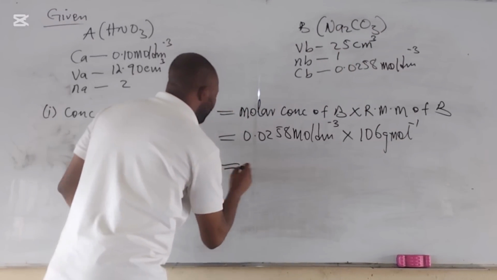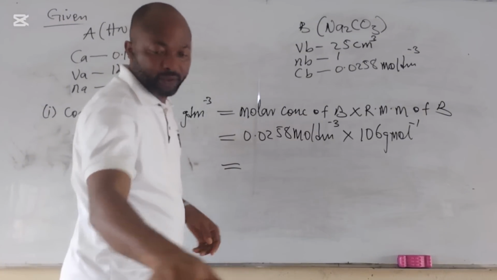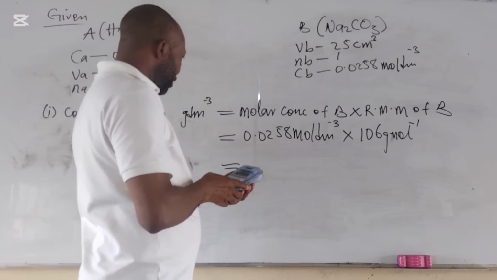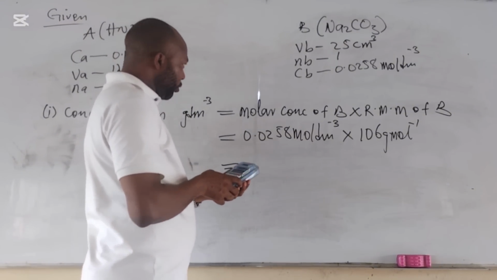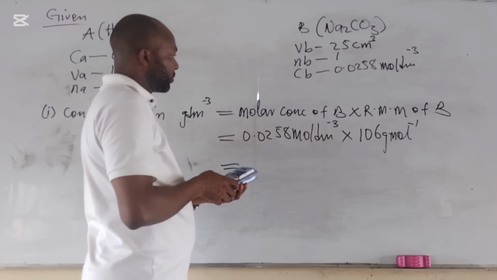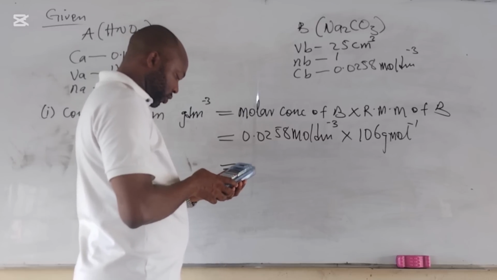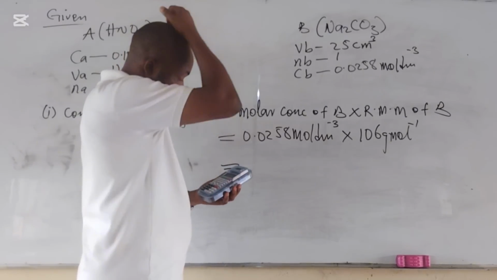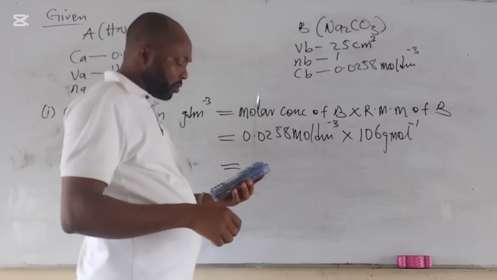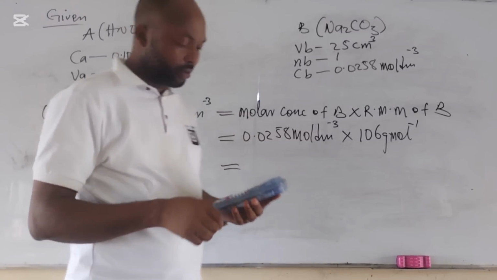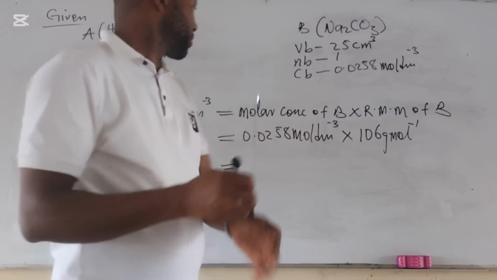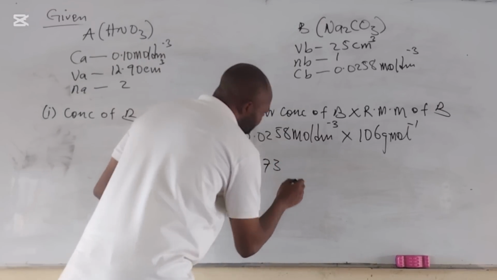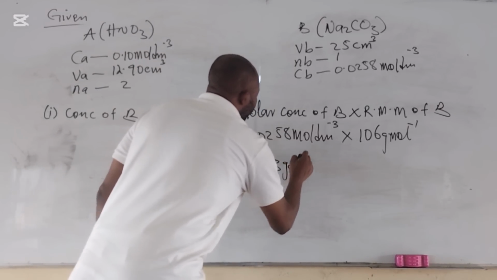So 0.0258 times 106 is equal to 2.73 g per dm cube.